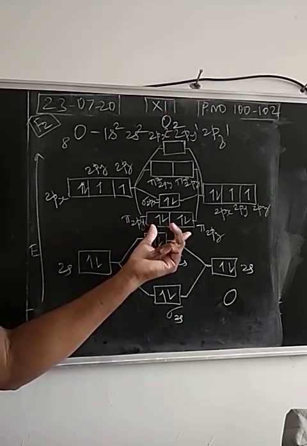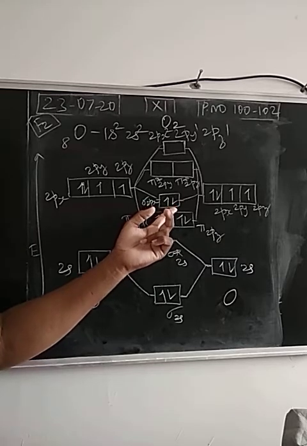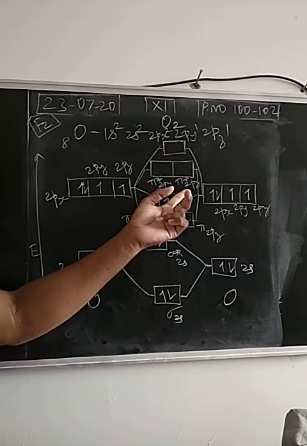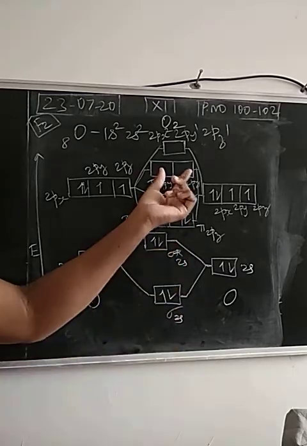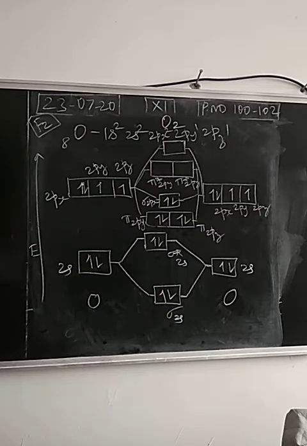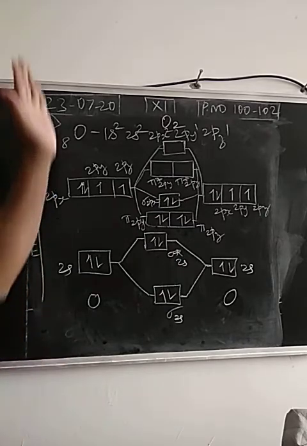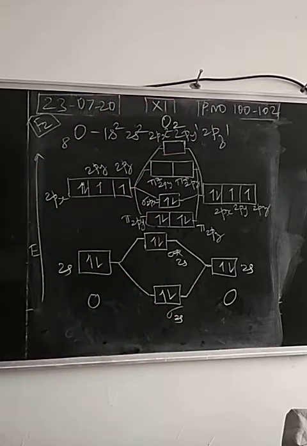Both have the same energy. Then sigma 2px has more energy. Comparing this, pi star 2py, pi star 2pz have more energy, but these two have the same energy, so these two are degenerate orbitals. Comparing this, sigma star 2px has more energy. So energy is increasing in this order. This is the order of molecular orbitals for molecules up to N2. Up to nitrogen, we follow this order.